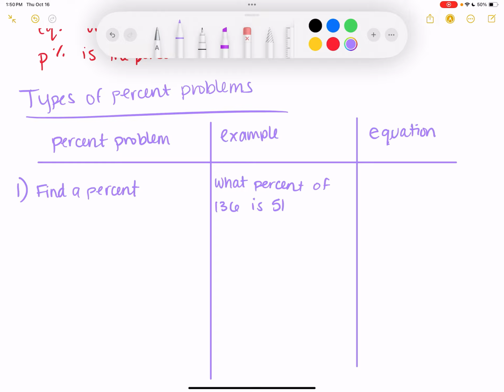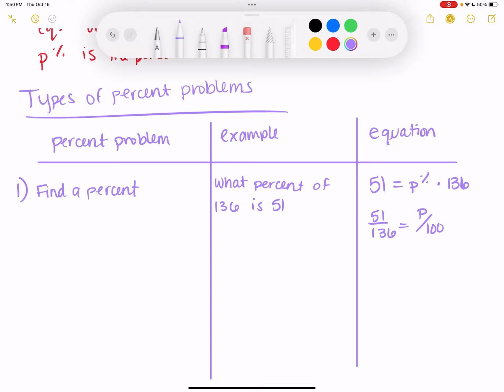So 51 is equal to P% times 136. Divide by 136, so 51 over 136 is equal to P over 100, because P% can be written as P over 100. That's how we would write it up to solve it.